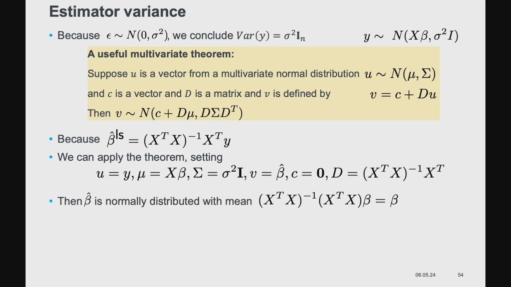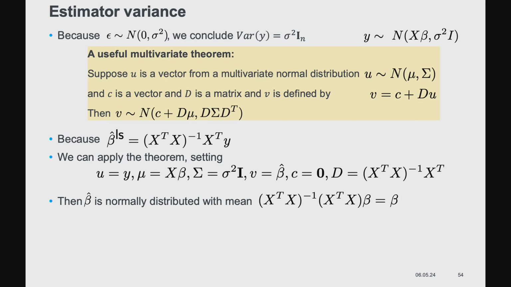Then we find that not only our residuals are normally distributed, but also our beta hat are normally distributed. The nice thing is that the beta hat are normally distributed with the mean of the real beta. But they are normally distributed, so that means they are not exactly on the real beta.